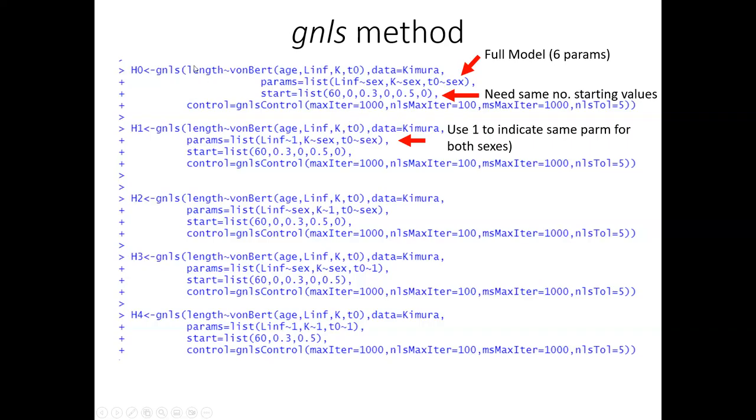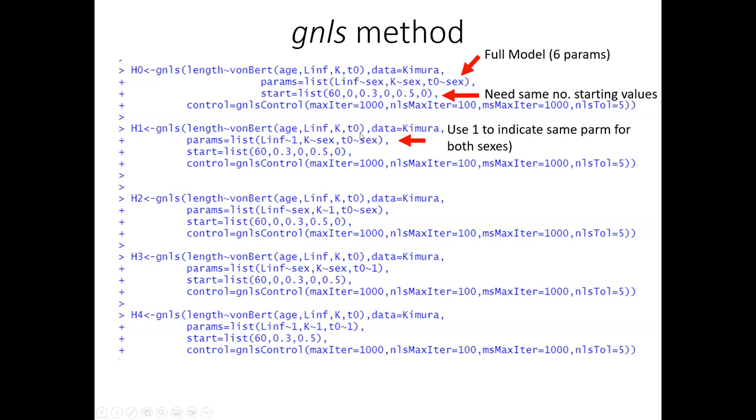And so you can run this, and this will be the full model. And then when you start fitting models where you're assuming one of the parameters is the same across the groups, you just indicate that by using 1 after the tilde sign.